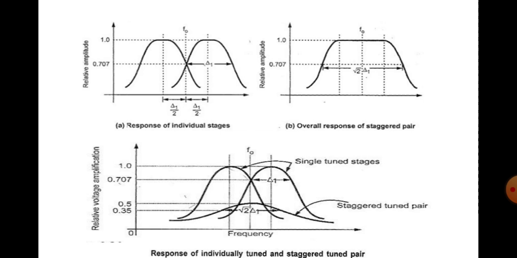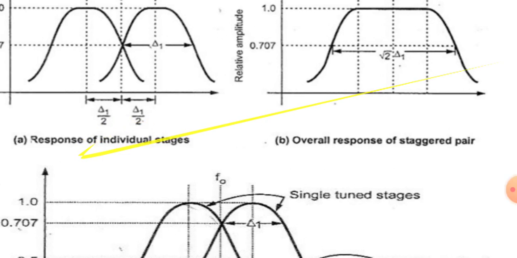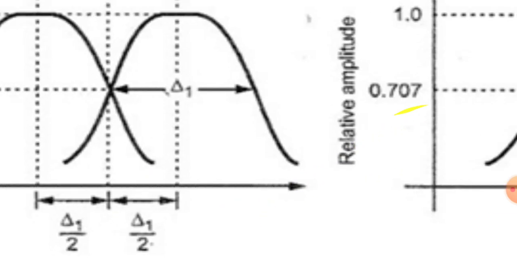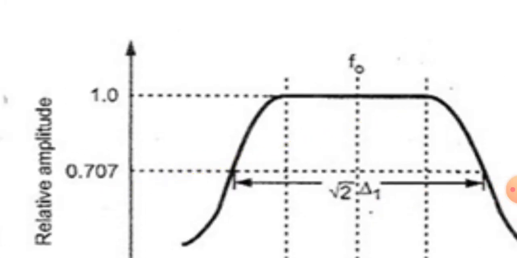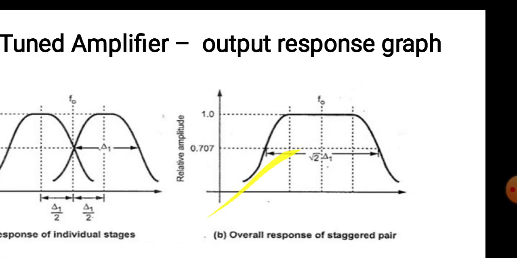The overall response of the stagger pair is denoted in diagram B, hence the overall response can be given by the average of these two frequency responses. Hence, it consists of a flat response at the center frequency, which is denoted here. This indicates the flat response curve of the stagger tuned amplifier.